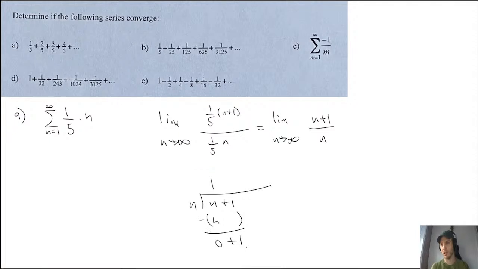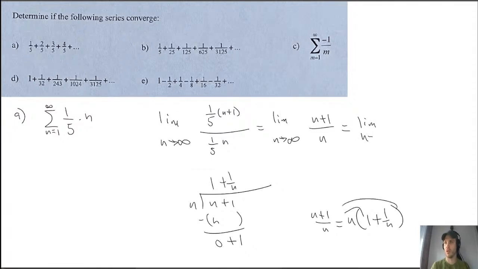What would I multiply n by to get 1? Well, it would be 1 over n here. So n plus 1 over n is equal to n times 1 plus 1 over n. This is just true. If you distribute that, you'll get it back. This is a trick. There's no reason you should know this. So 1 plus 1 over n.